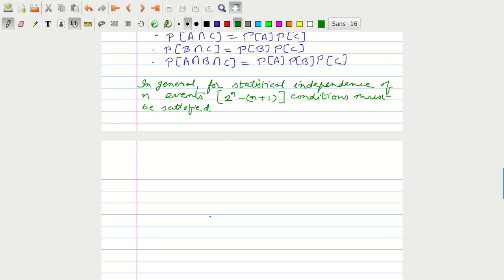Let us now take an example to clearly understand the notion of independence. Consider a random experiment of picking a card from a pack of cards.